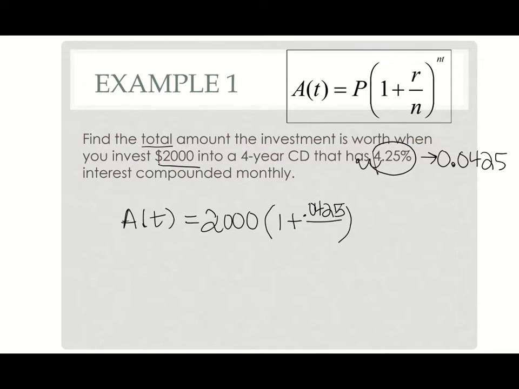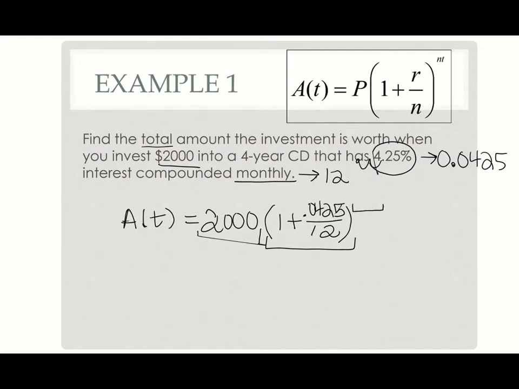divided by the number of times it's compounding. It's compounding monthly, so that's going to be 12 times each year. So we take this interest and we divide by 12. So we have our initial value, our multiplier, and now we have our time.